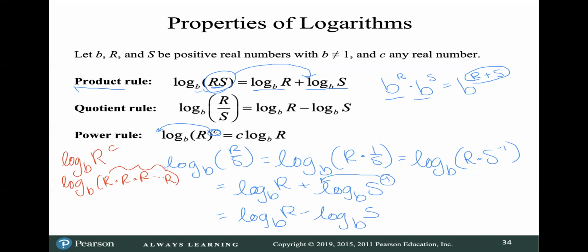There are c of these, which means that this is log base b of r plus log base b of r, right? Our product rule says each product becomes a sum. Okay, and then I can say, well, those are all the same, so I'm adding it to itself c times, which is the same as multiplying it by a coefficient of c.